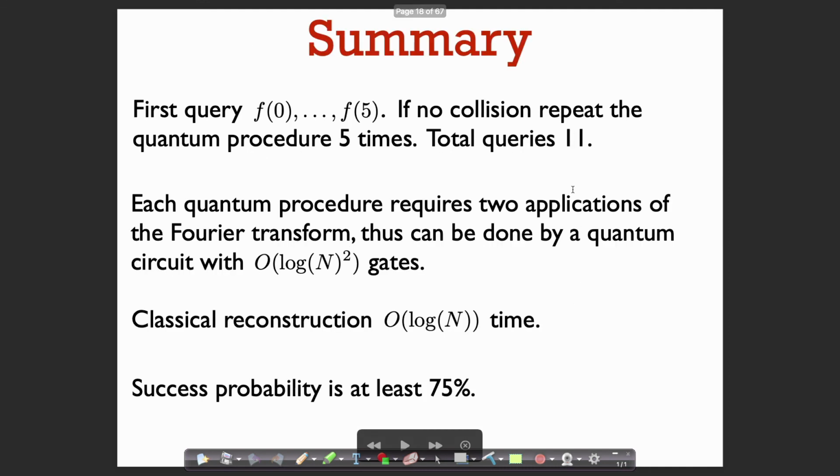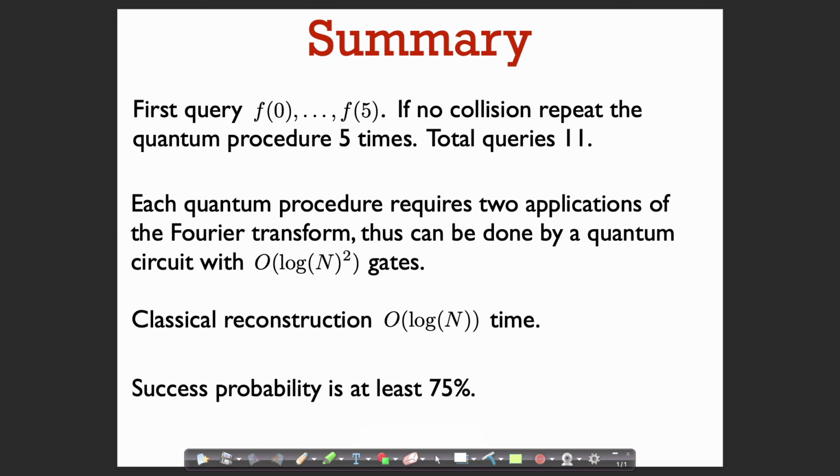Okay, so just to summarize everything now, first we have to handle the bad case where S is very small, like at most 6. So we do that just by querying the first few values of F. Okay, so if we don't see a collision there, then we know that S has to be at least 6. And then we just repeat this whole quantum procedure, say 5 times.